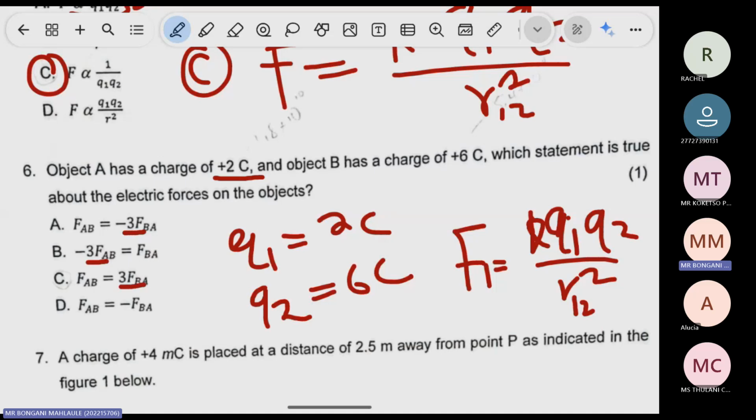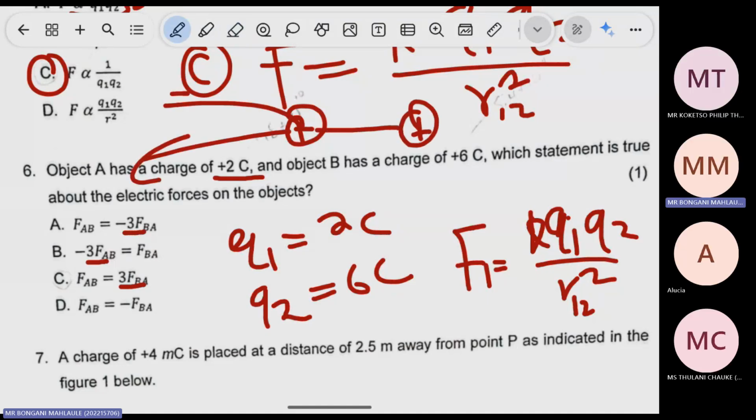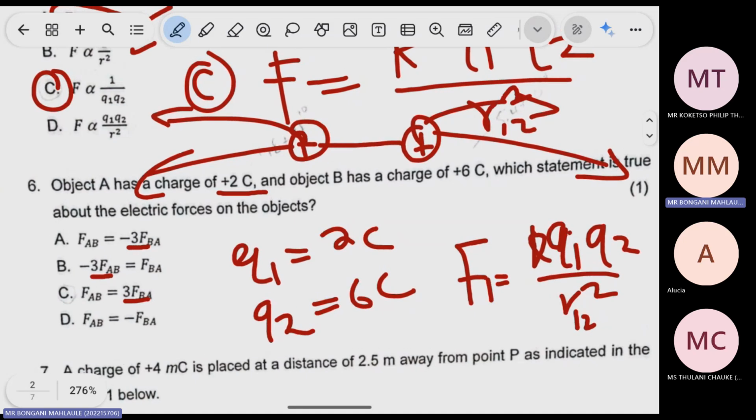So we know that these objects are both positive, and you've got another one which is positive, right? And then they will repel each other. That's the first thing you know. So regardless of the magnitude, guys, of the charges, the force will still be the same.